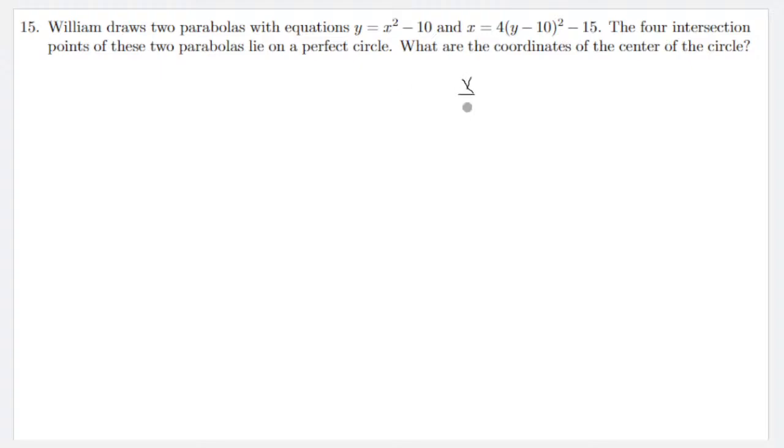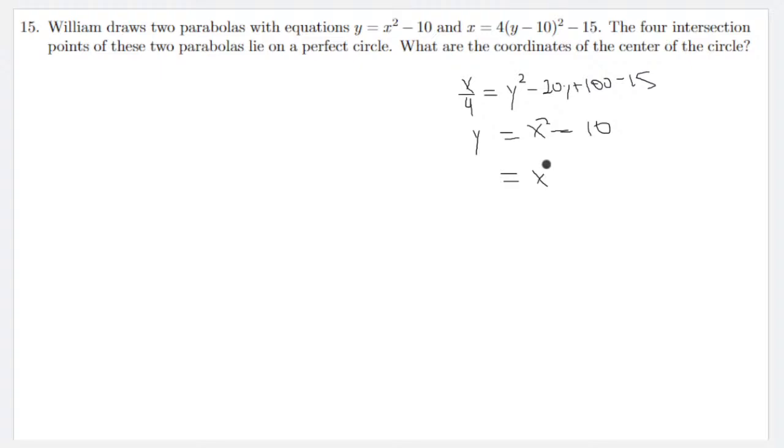This gives us x over 4 equals y squared minus 20y plus 100 minus 15. Okay, well, now let's add it to the first equation, which is y equals x squared minus 10. Well, we get this, and let's rearrange it slightly so that all the x and y's are on the same side.